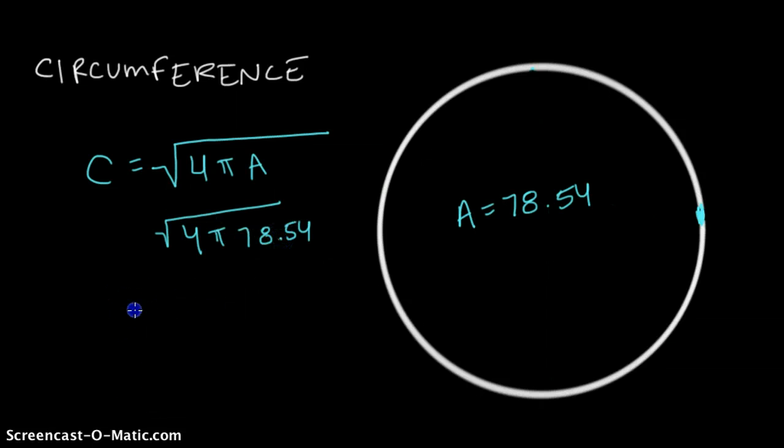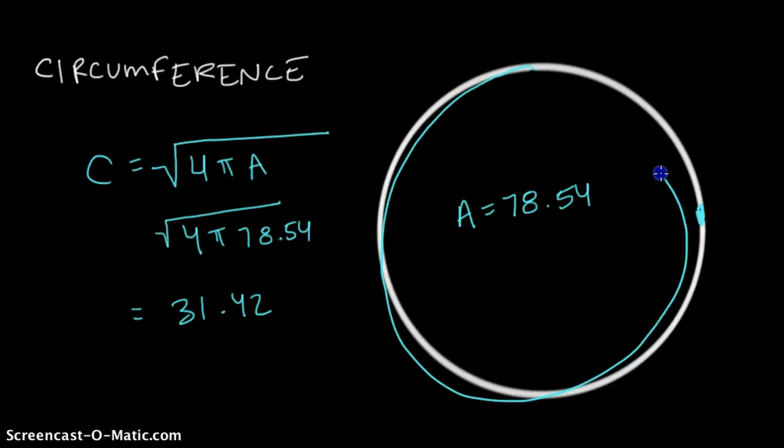If you were to type that into a calculator and do the square root of that, you would get 31.42, the same number we've been getting. So that means that the distance around this circle is 31.42.